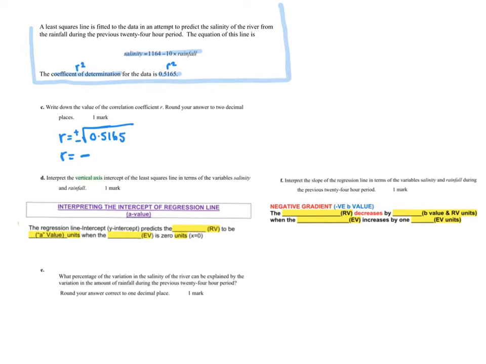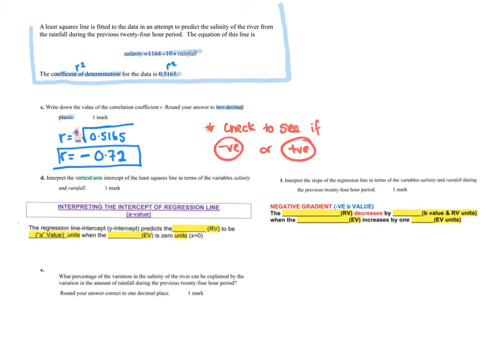So you do the square root of that. Now we look for 2 decimal places. So I get negative 0.72. Okay, and there's my final answer. Most important thing is this, check to see if it's negative or positive.